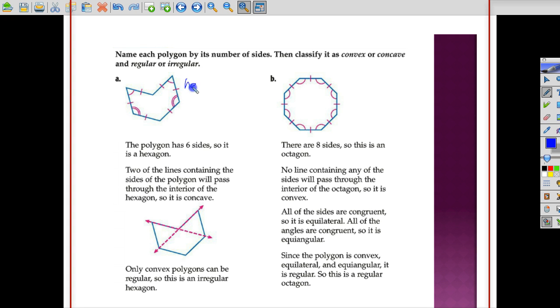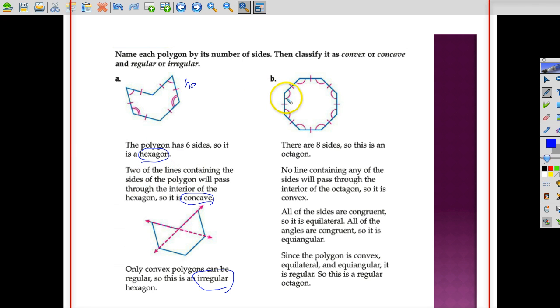Two of the lines containing the sides are inward, so it's concave. Then is it regular or irregular? You see all the sides are equal, but the angles are not equal, so it is irregular. Those are the three main questions we're asking here.